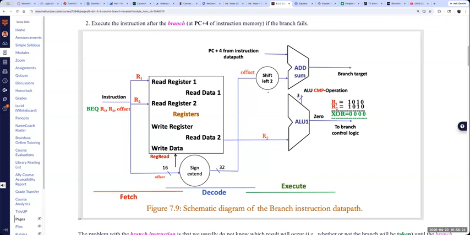So based on the first ALU output, whether the same branch will be taken or the next instruction will be executed, that will be decided, right?